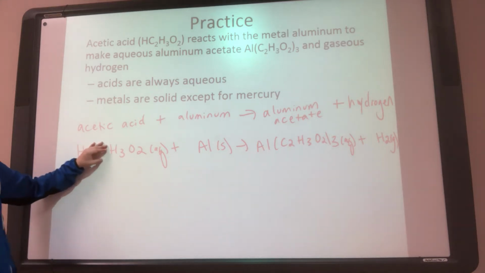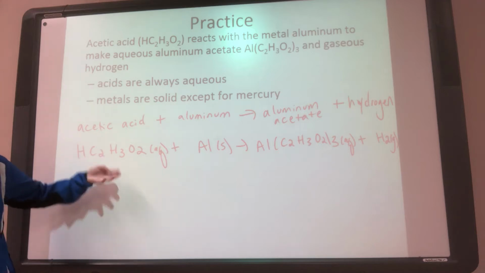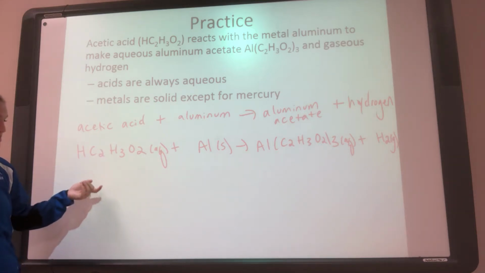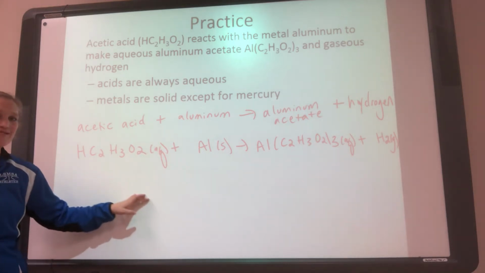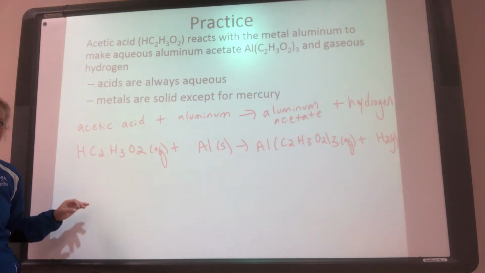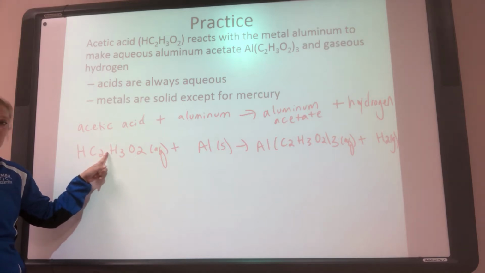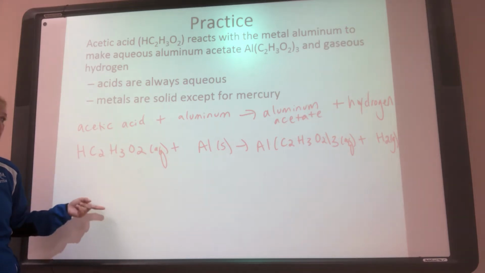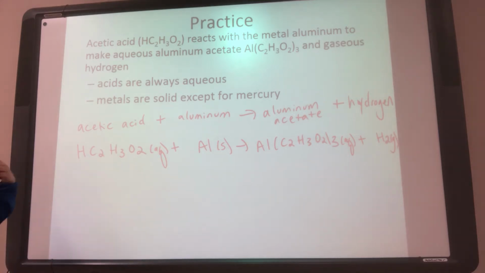This is the hardest part, and if you get this wrong, you're going to get the rest wrong, because you have to know what the formulas are to be able to say how many of each element you have. So if for some reason your balanced equation isn't coming out and you're not getting it to work, make sure you wrote the formulas down correctly, because if you write these down wrong, the balanced equation sometimes won't balance.